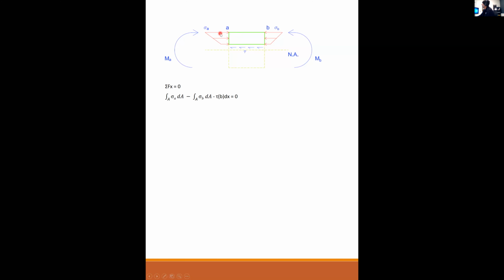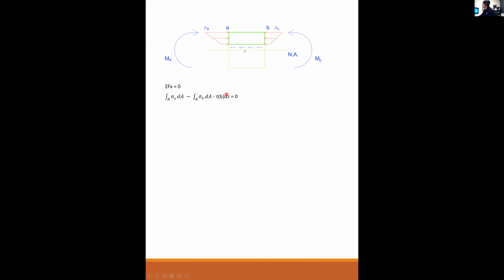On the left-hand side, I'm summing my forces in the horizontal. If I take the integral of the differential area, so this is this area here, times my stress at A, that is the resultant force at A, minus the same thing over at B is my resultant force at B, minus my shearing stress times b, which is the width of the element, times dx, this differential length here.